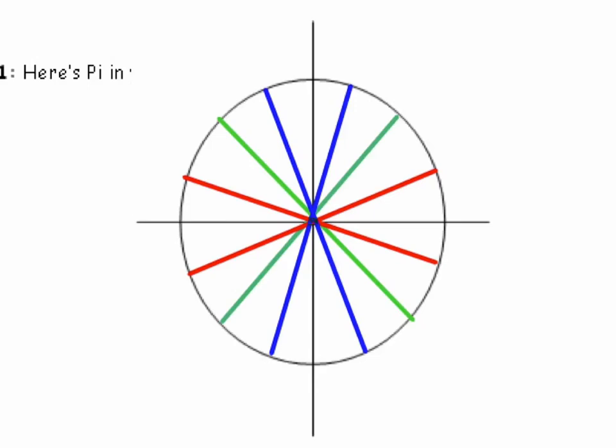So again, I'm drawing angles in standard position. And if I don't rotate that angle around at all, I'm just at 0 radians. If I go the whole way around the circle, I'm at 360 degrees, or what we just said is I went 2 pi radians.